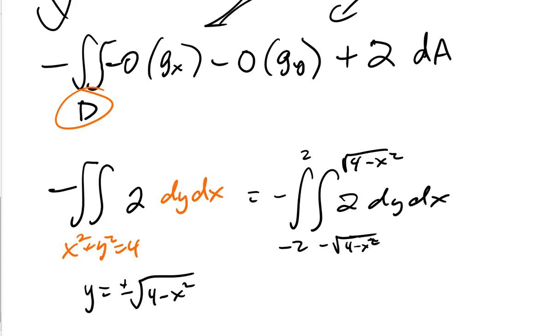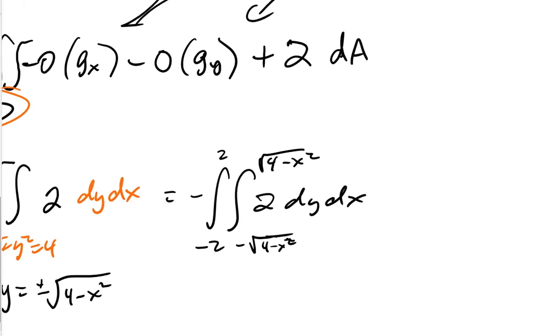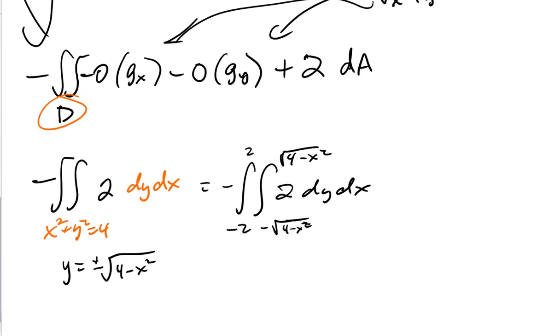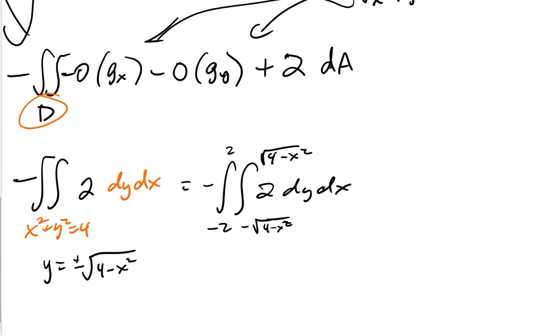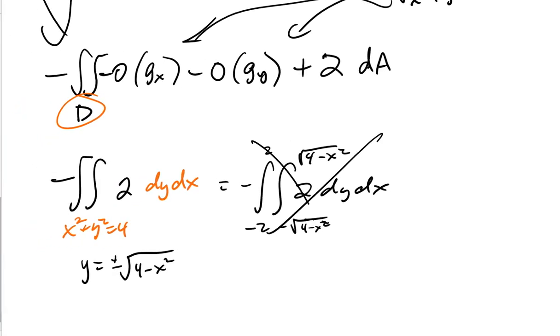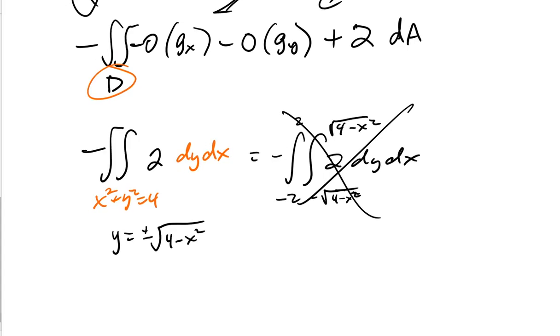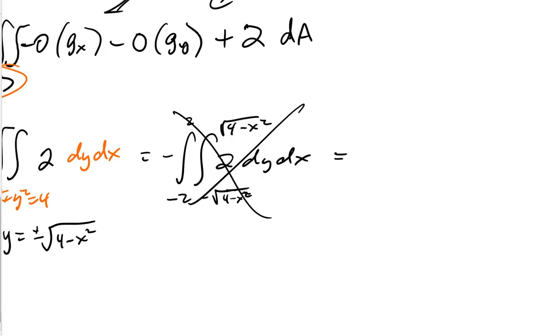Now, what's an easier way to do this? Yeah, I use polar. So this is a mess. You can do that, and plenty of people did, but what they got was usually wrong.